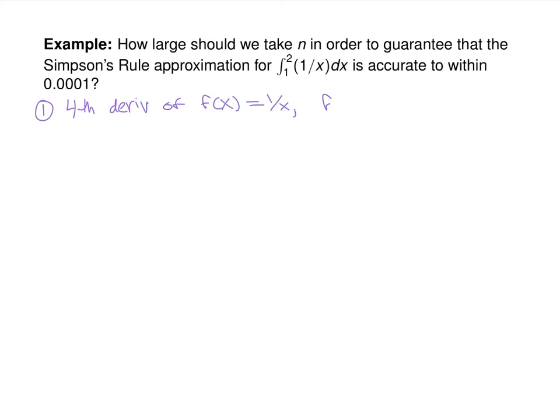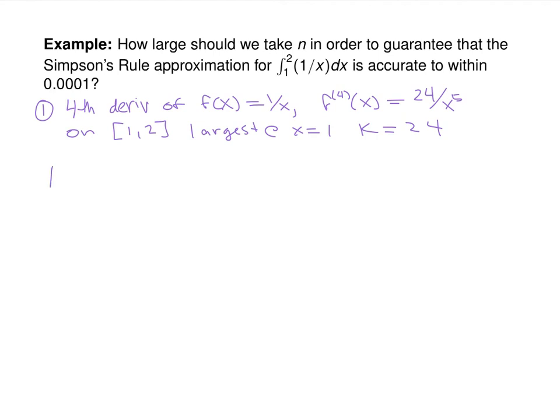So the fourth derivative of 1 over x is 24 over x to the fifth. And on the interval from 1 to 2, this is largest at x equals 1. So we take k to be 24.